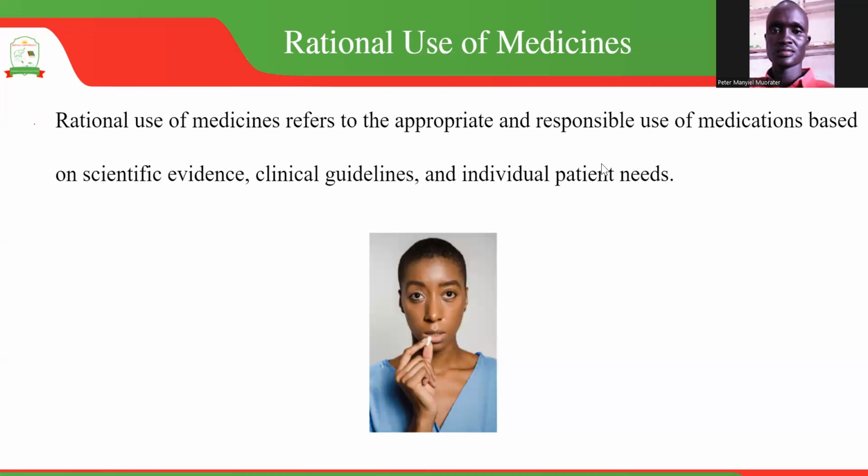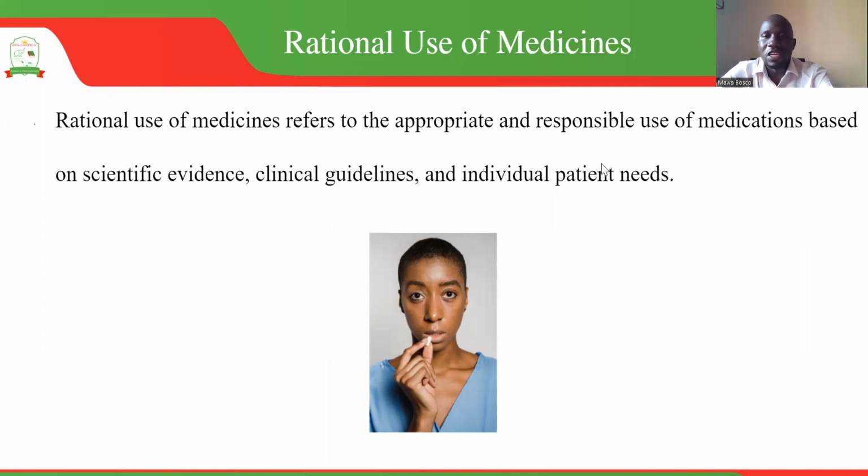So if the appropriate drugs are given to the patient and the patient uses them as ordered or as instructed, based on the relevant evidence or guidelines or protocols available in order to meet the patient's need for that particular drug, then we are saying that those drugs are being prescribed rationally. That is a rational use of drugs.